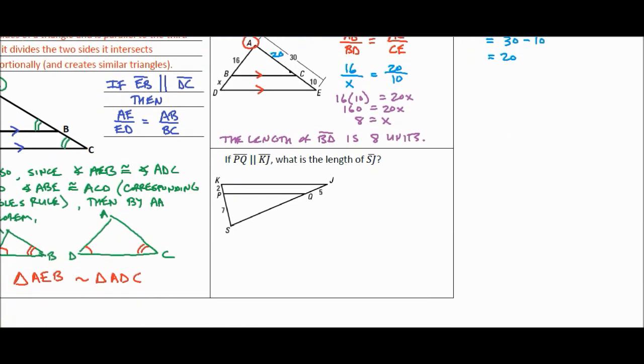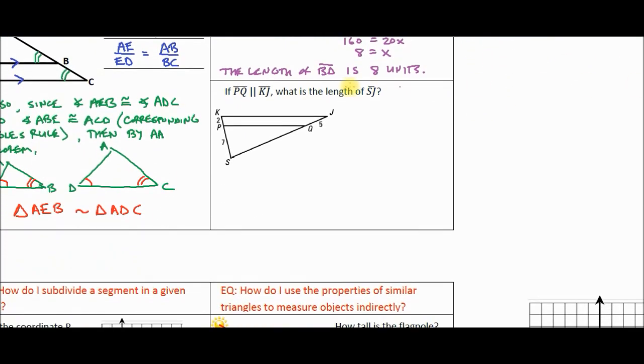Let's take a look at another one. If PQ is parallel to KJ, what is the length of SJ? So here's our PQ that is parallel to KJ. What is the length of SJ? All right. Let's take a look, class. Same as our last problem, we're going to need to know what SQ is before we can figure out what SJ is.